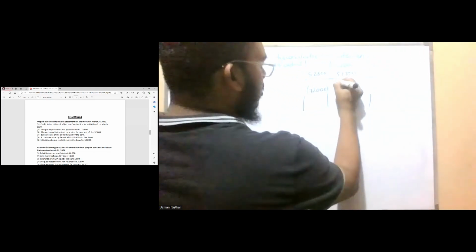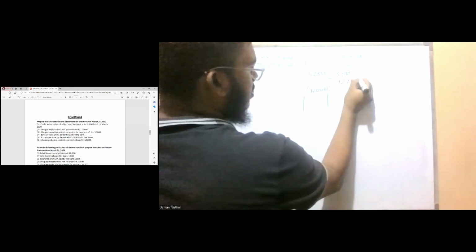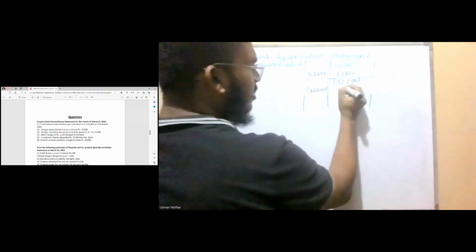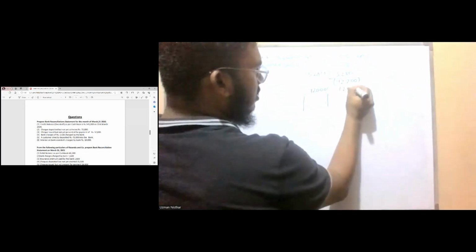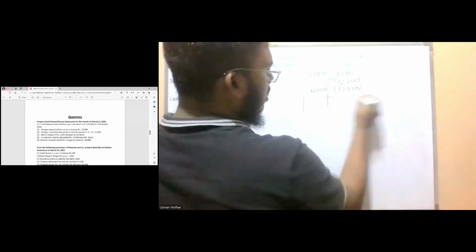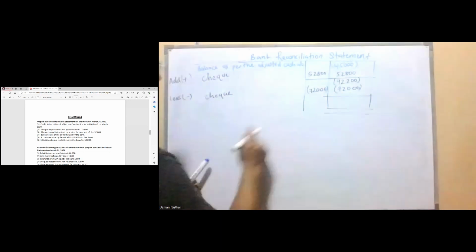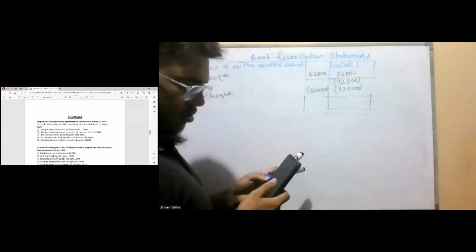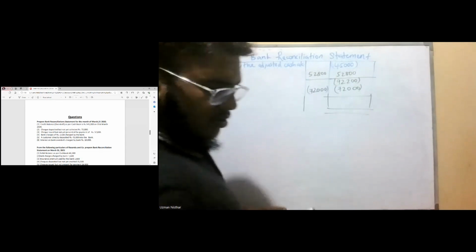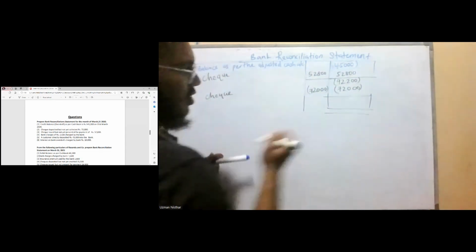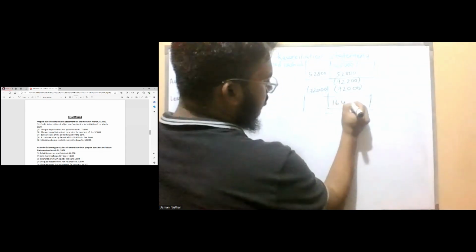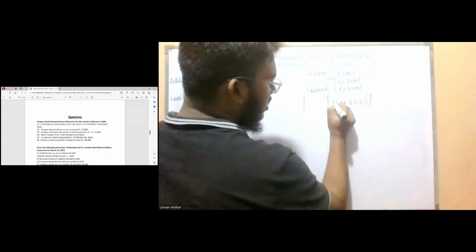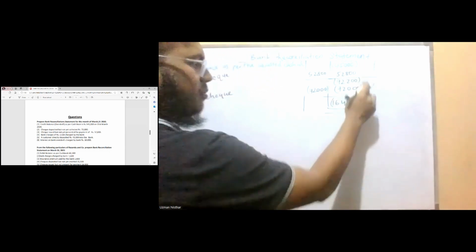That gives 92,200 in brackets. And we take the 72,000 here, and the total would be 164,200 within brackets. Keep in mind the brackets.